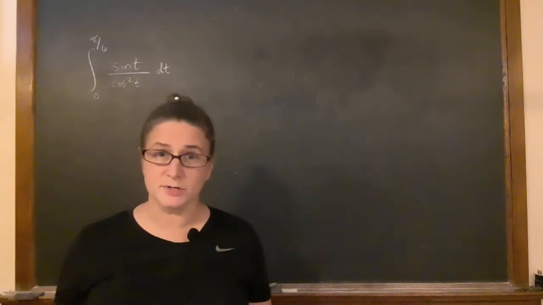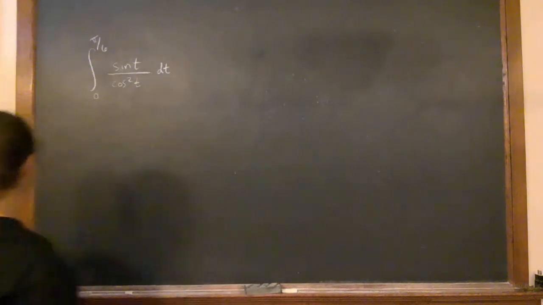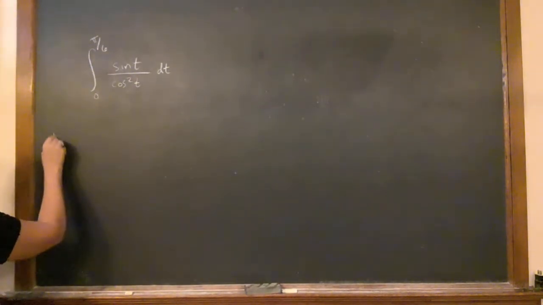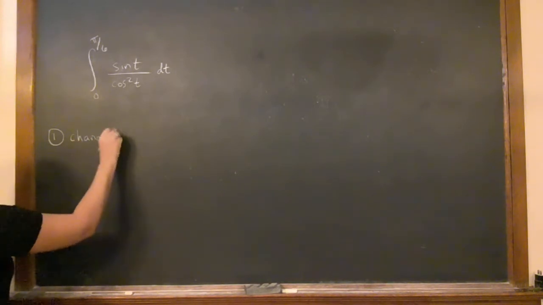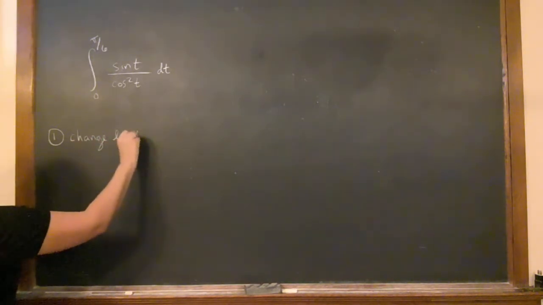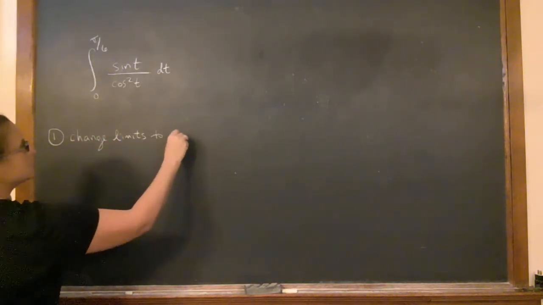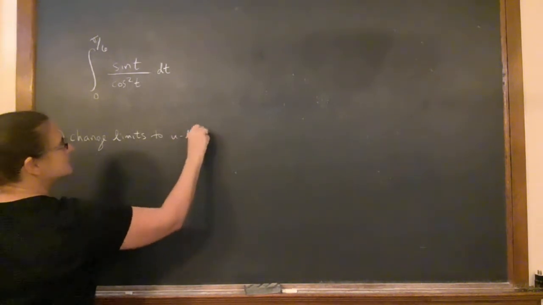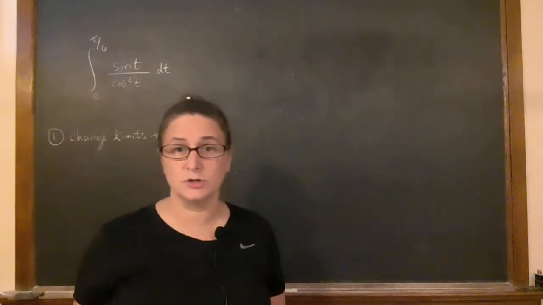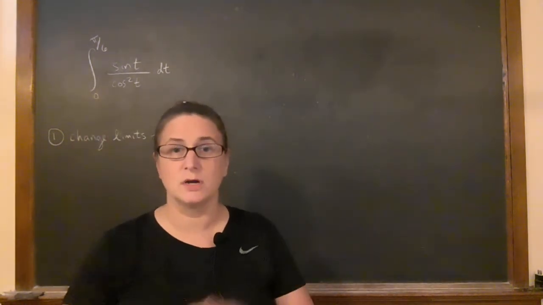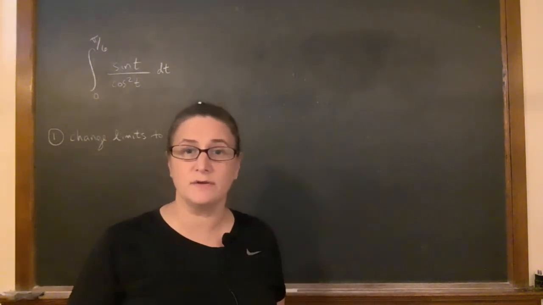You have two options, and I'll do this integral both ways. Your first option is to change the limits to u-limits. This is true anytime you do any kind of substitution, not just u-substitution, but anytime you change the variable.